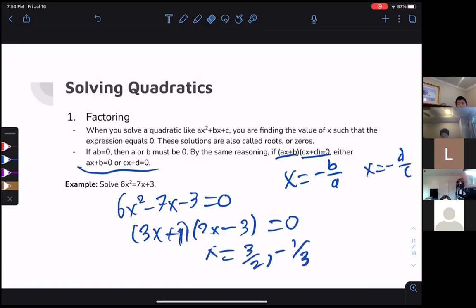Just set this equal to 0 and solve for x, and set this equal to 0 and solve for x. The hard step is really just the factoring part. Just understanding that's where the two solutions come from is all you need.